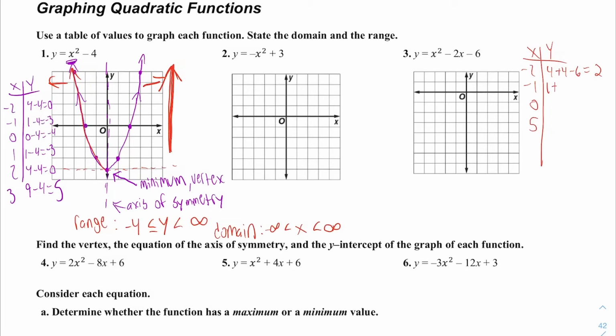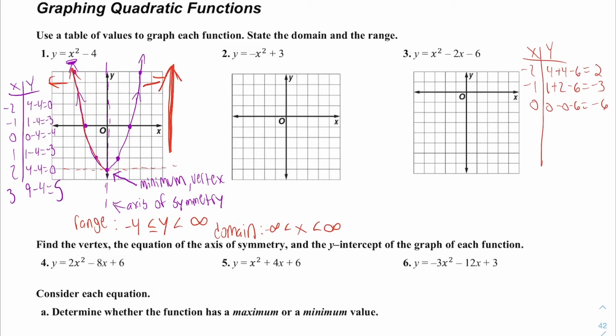-1 squared is 1. -2 times -1 makes 2. We're going to subtract 6. It's going to give us -3. 0 minus 6 is -6. And then 5.